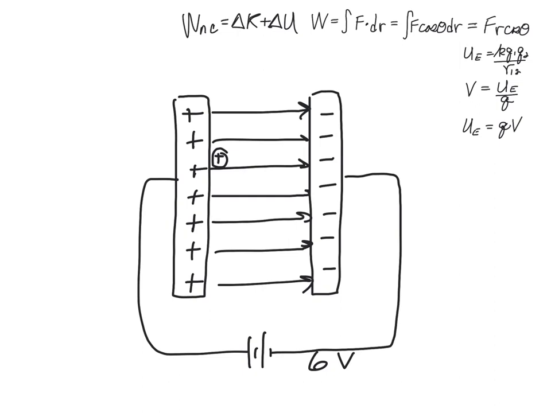If we drew 5 lines, 1, 2, 3, 4, 5, then this would be 1 volt, 2 volts, 3 volts, 4 volts, 5 volts, 6 volts, all the way across. And so the line in the middle, I didn't draw these very well, would be the 3-volt line. And so if it went from 6 volts to 3 volts, the change would be 3 volts, and that's how much energy you would get.